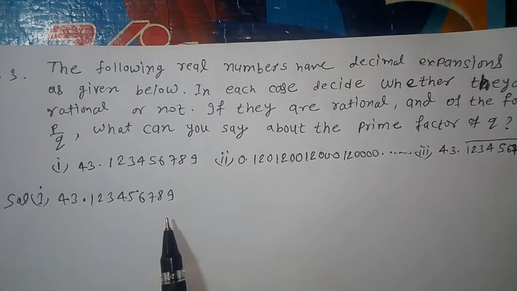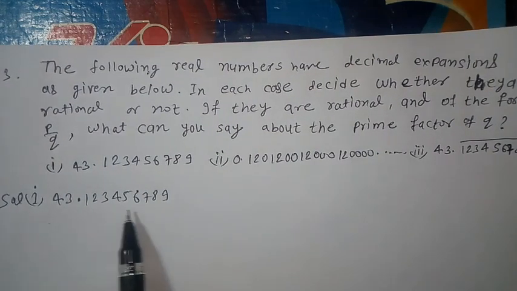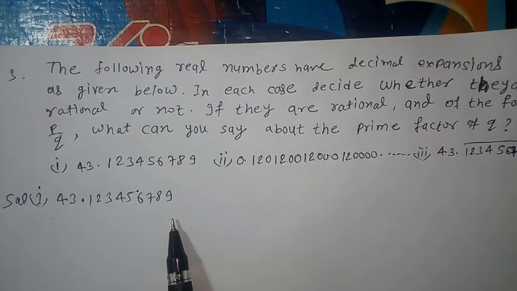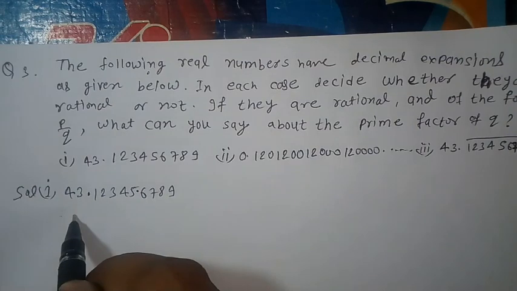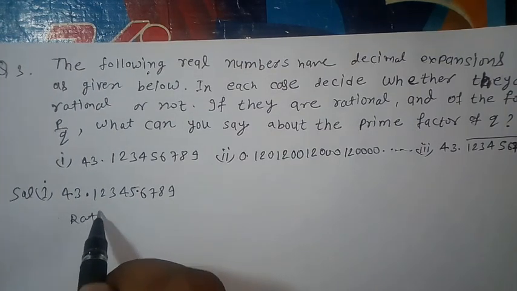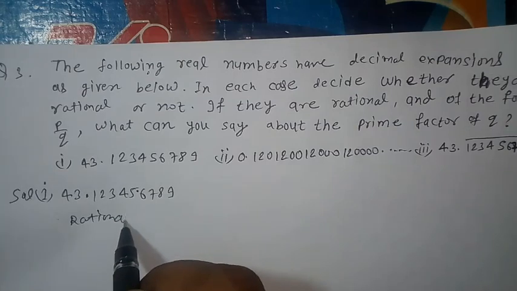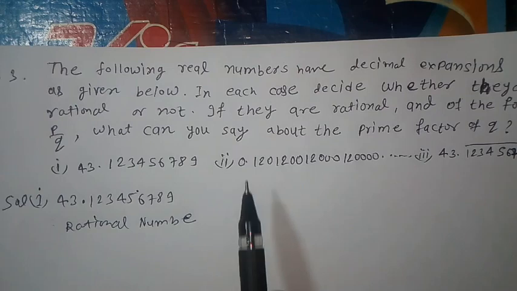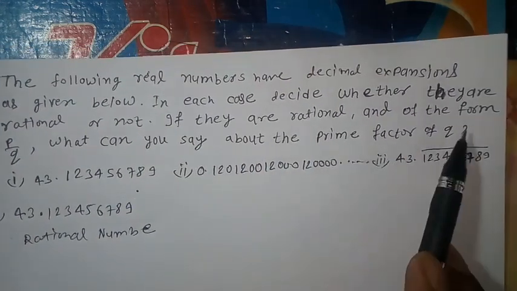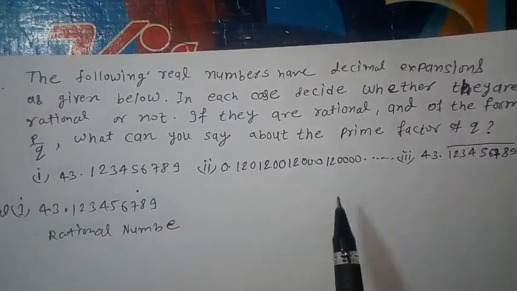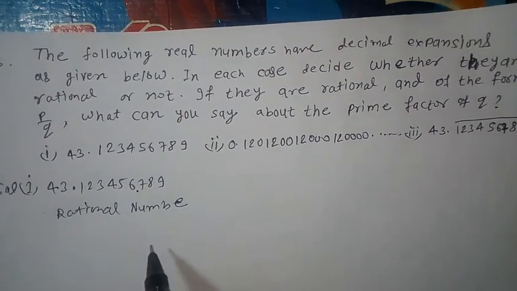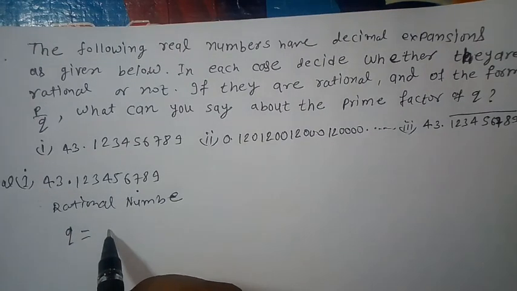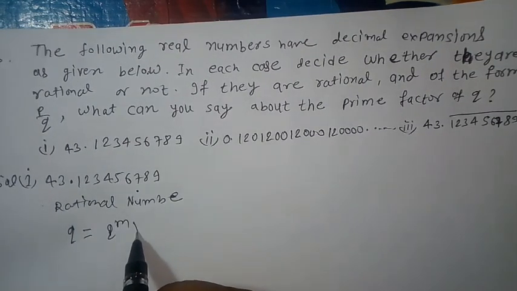Now here this is terminating, so this is a rational number. Second, if they are rational numbers of the form p by q, what can you say about the prime factors of q?